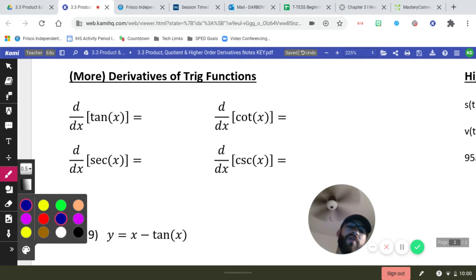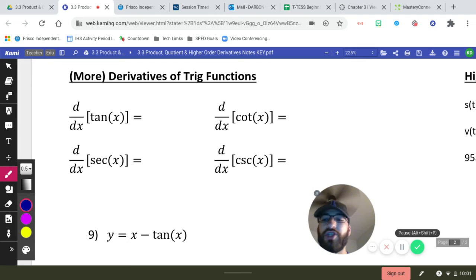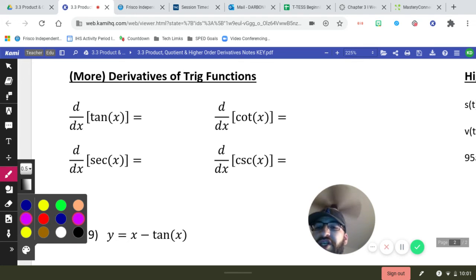Now, the one nice thing about the trig functions is that they are kind of related. The not so nice thing is that they're not as nice as sine and cosine. So our derivative of tangent is secant squared.